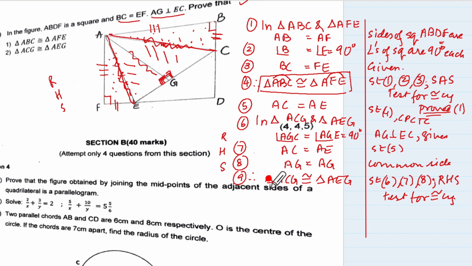Okay, and we have proved the second one, so we put this in a box and we say proved 2, and we just underline this so that the examiner can find it and the examiner can give us full marks. So we finished with section A, that was 40 marks, and I want to end the video here.